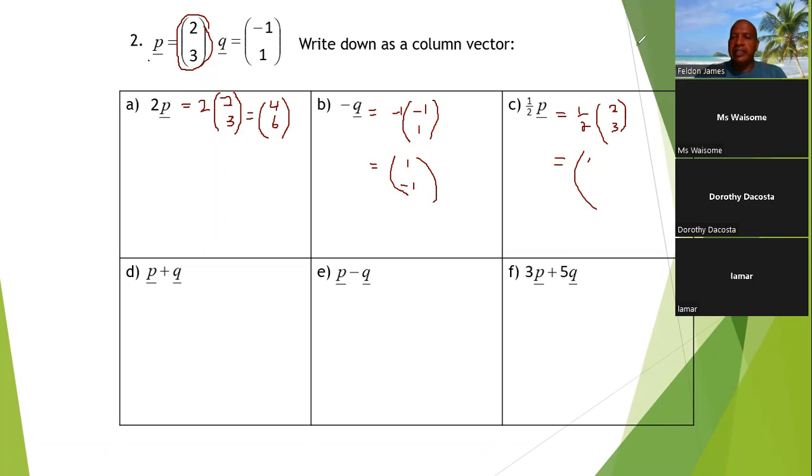And you could write it in a fractional form. So it's just 1 and 3/2. Because remember, if you're multiplying by a half, it's the same as dividing by 2.